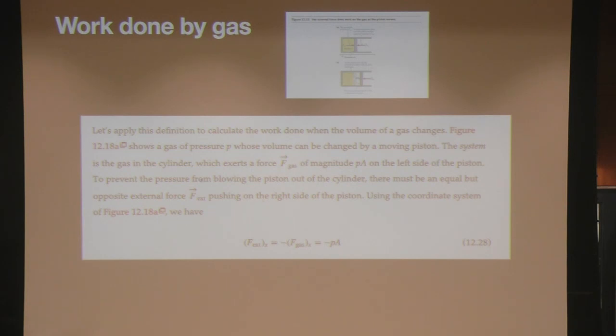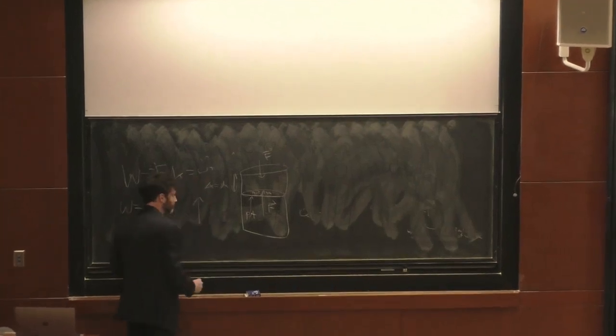Okay, so then we can apply this definition to calculate the work done when the volume of a gas changes. So here we see the gas pressure in this figure. It shows that the pressure P with the volume can be changed by moving the piston. And the system is the gas inside the cylinder, which exerts a force of magnitude, pressure times area, on the left side of the piston. So the gas is exerting, in this picture, going this way, pressure times area, where this is my area here, pi r squared equals the area.